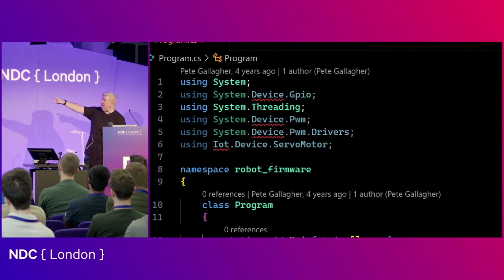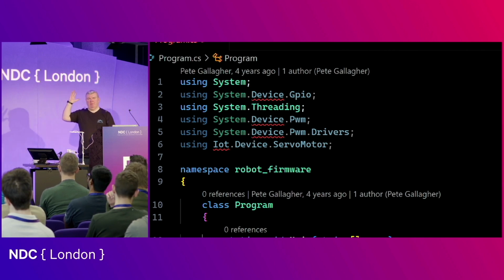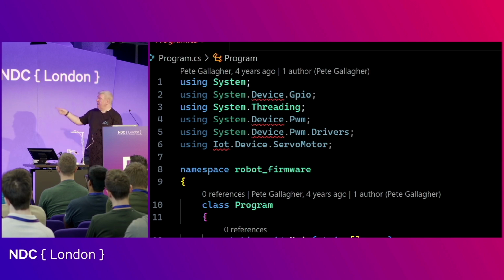So that device.pwm, that's coming from the IoT NuGet package. So that gives us access to the PWM on the Pi directly. And then servo motor, what that allows us to do is, instead of trying to work with frequencies, which is hard, you just give it an angle, and it then converts that into what it needs to do to get that to work. And it also gives us this software-driven PWM port, which is useful.